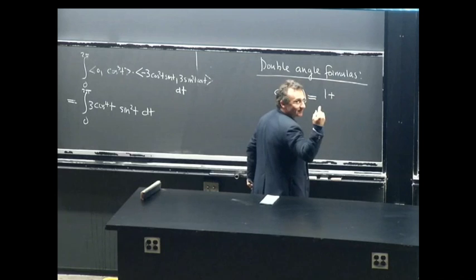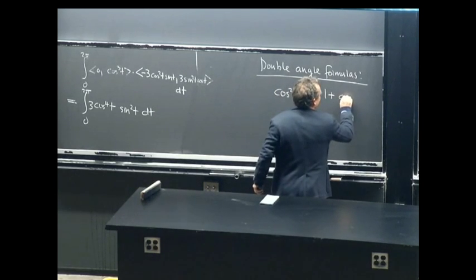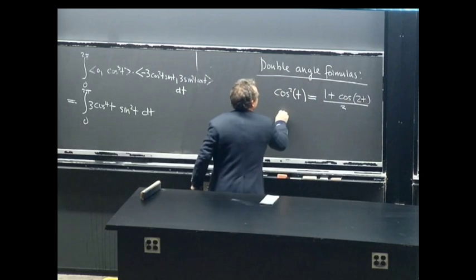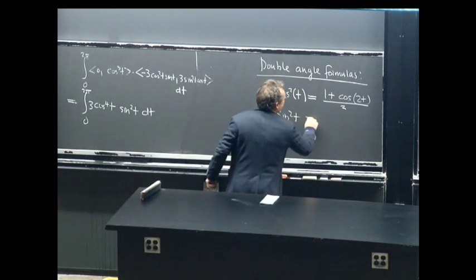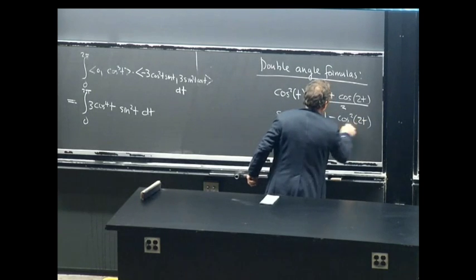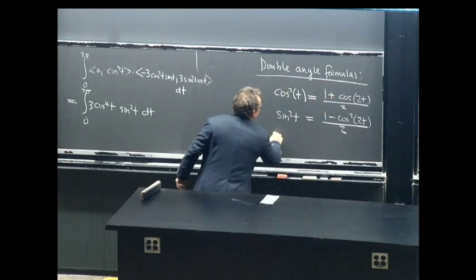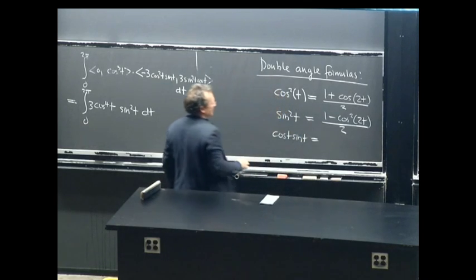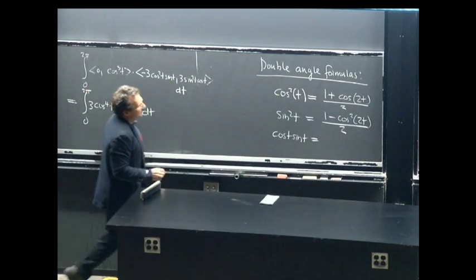What is it? Cosine 2t. Yeah. And then the sine squared t, 1 minus. And then there is another one which is actually useful. Cosine t sine t is also a useful one. What's that? Sine 2t over 2.